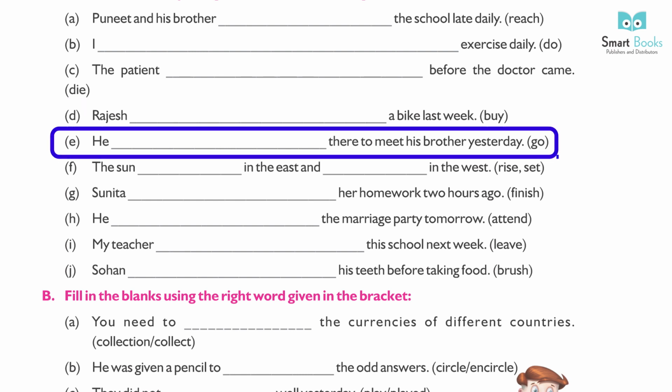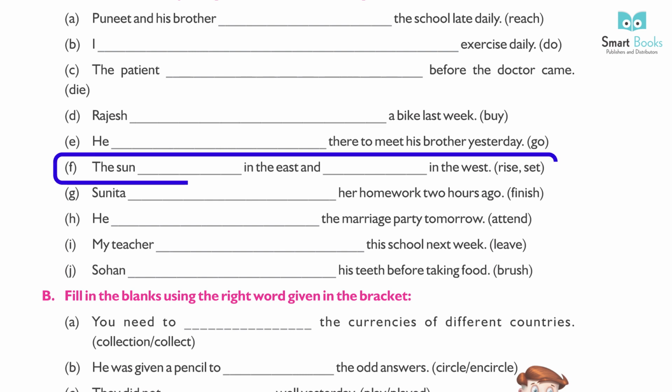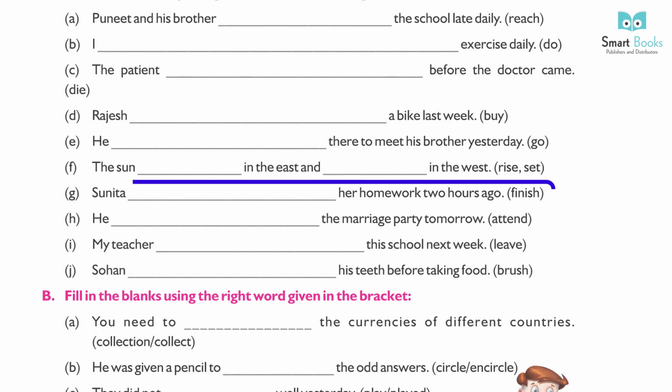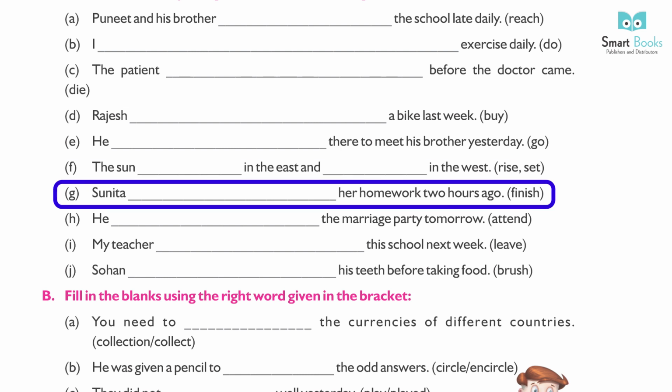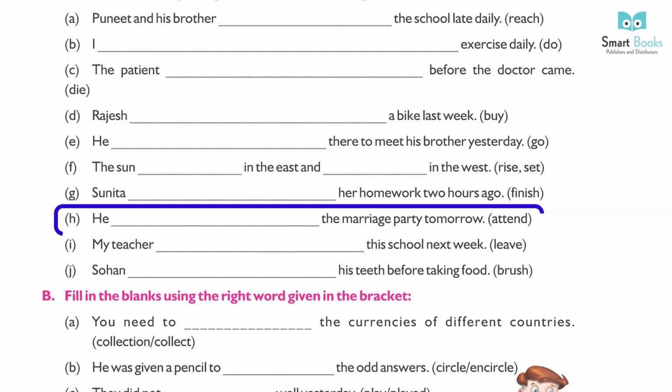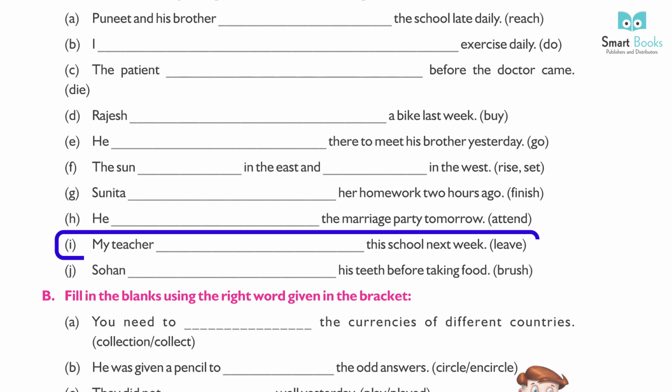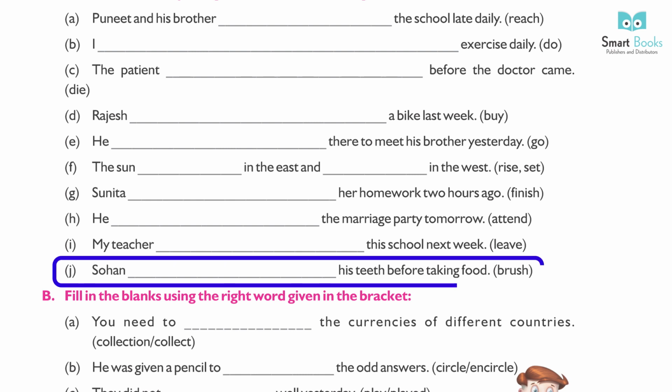E. He went there to meet his brother yesterday. F. The sun rises in the east and sets in the west. G. Sunita finished her homework 2 hours ago. H. He will attend the marriage party tomorrow. I. My teacher will leave the school next week. J. Sohan brushes his teeth before taking food.